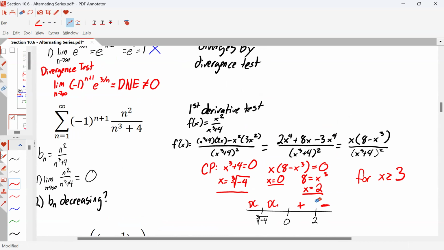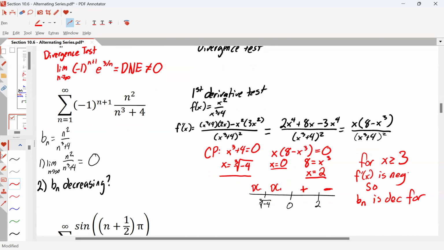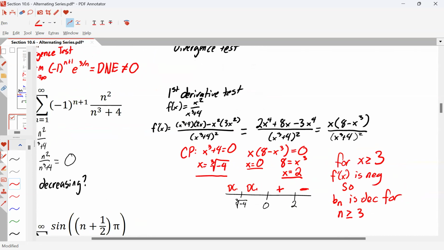So for x greater than 3, our derivative is negative. So b sub n is decreasing for n greater than or equal to 3. And that derivative being negative implies the function is decreasing.